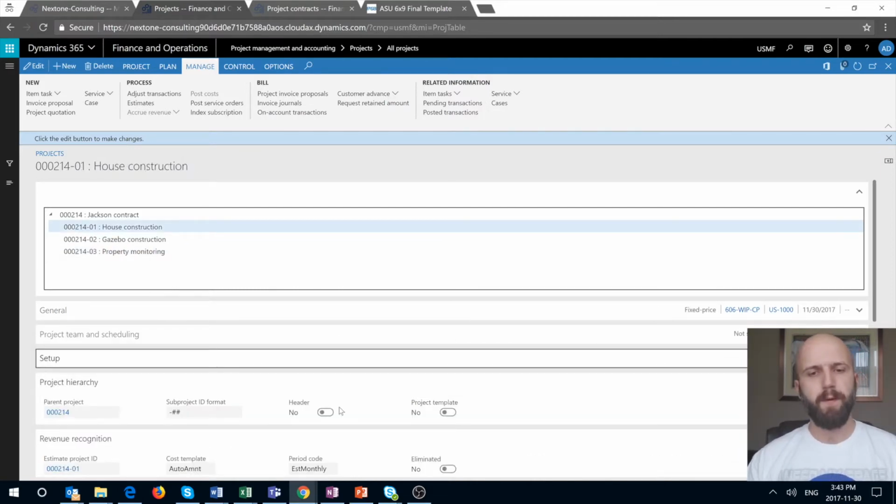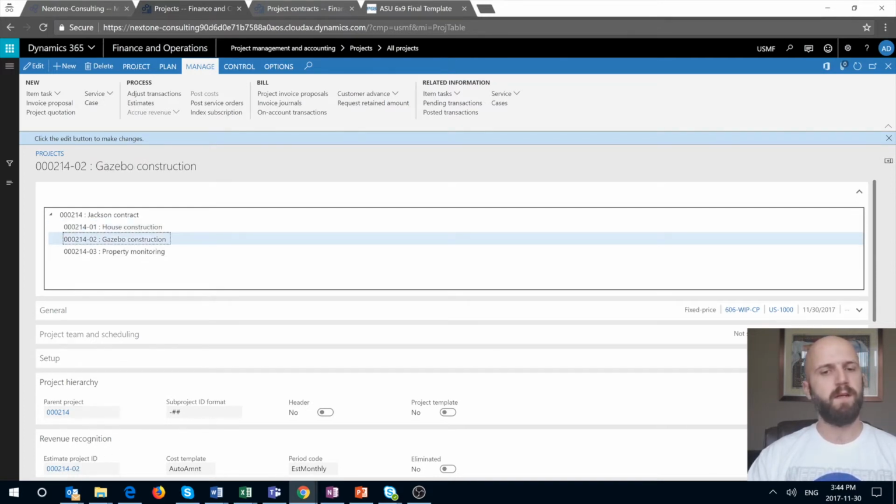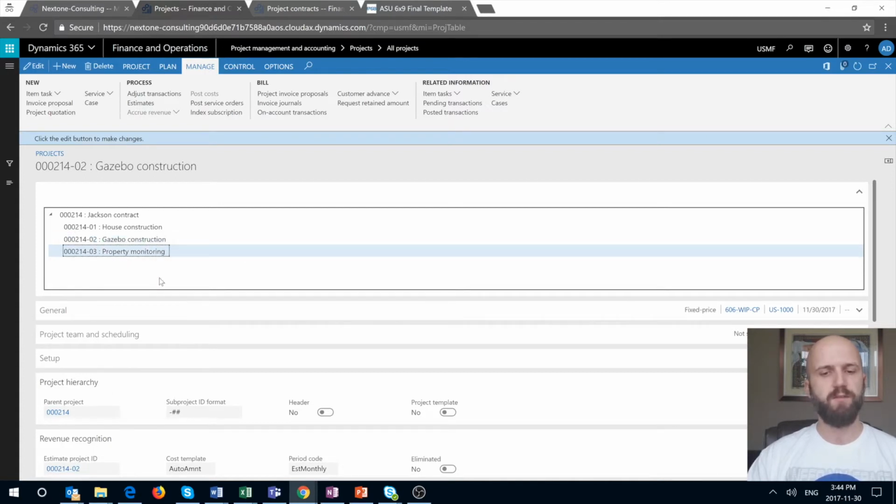Each of my sub-projects has a separate estimate project. This is important because we would like to recognize revenue per sub-project, hence per performance obligation in D365. So we can see that project 214.01 house construction is assigned to estimate project 214.01. The same goes for 214.02, which has a separate estimate project, and 214.03 has a separate estimate project.